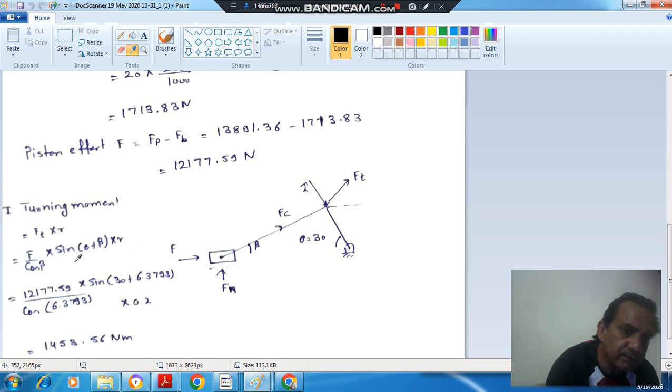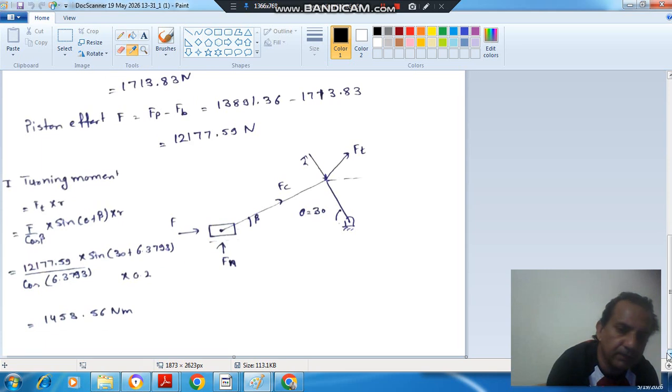So Ft is Fc sin theta plus beta, and Fc is F by cos beta. Putting the values of theta, beta, F, the turning moment comes out as 1453.56 newton meter. This is the answer to the first part.